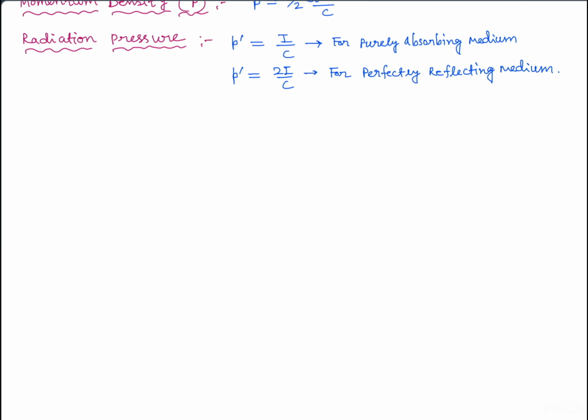Next, most important thing, we discuss wave impedance. Wave impedance, which I write as Z0, equal to mod of E0 by mod of H0, which is equal to 377 ohm.